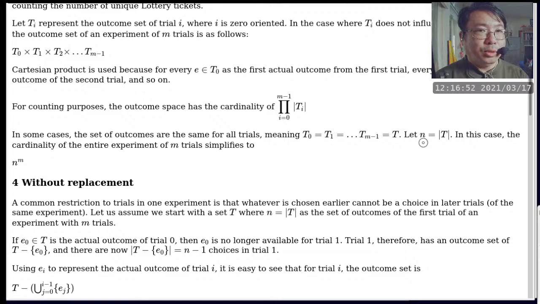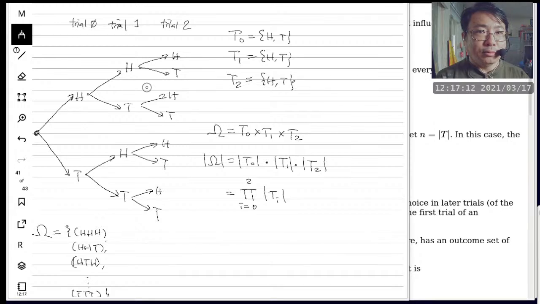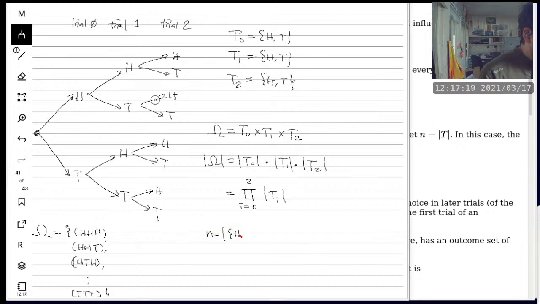If we use variable n to represent the cardinality of T, then we can simplify the cardinality of the entire experiment of m trials to n to the power of m, which is exactly what we have in the case of flipping a coin, because in this case n is the cardinality of head and tail, since T0, T1, and T2 are all the same, and m is 3 because we have 3 trials.